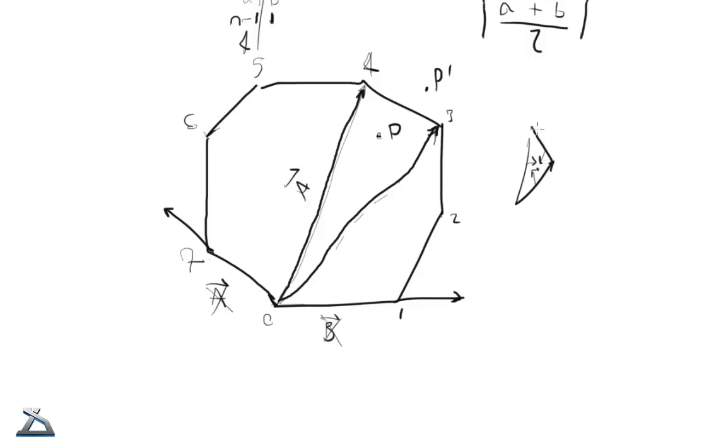Is it to the left of each of these vectors in a counterclockwise fashion? And so asking and answering the question of whether a point is inside some triangle ABC is always constant time.